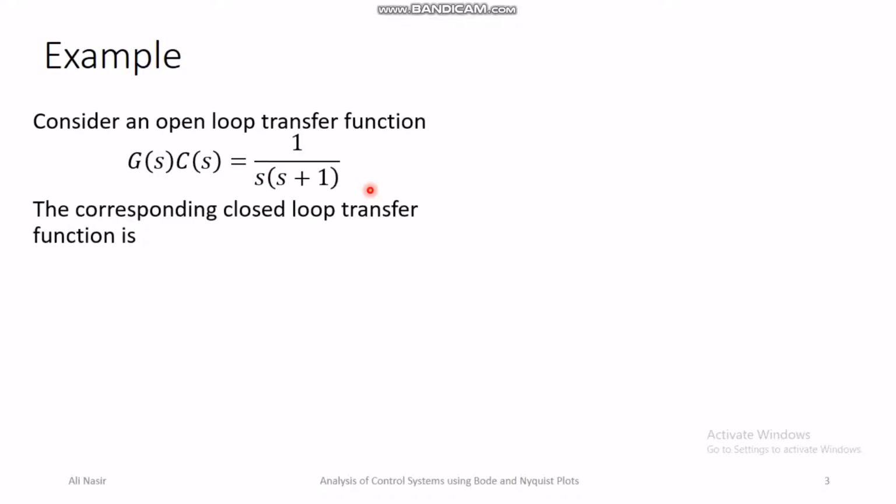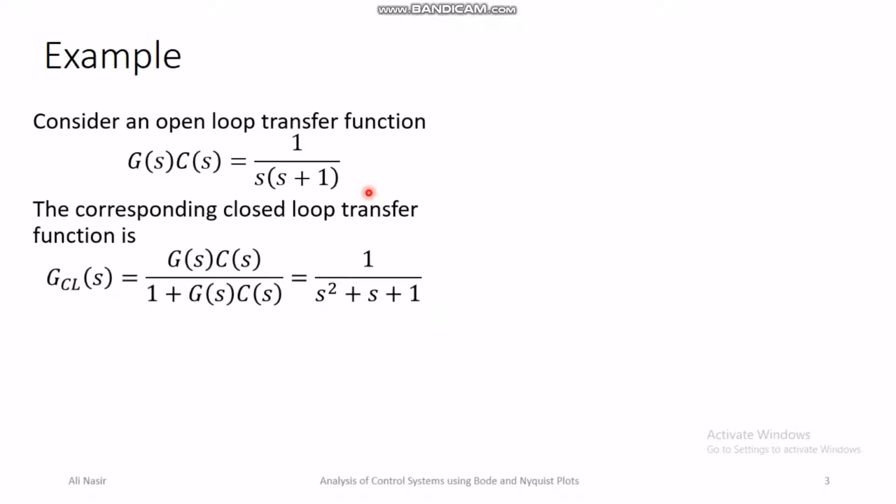The corresponding closed loop transfer function, if you use Mason's rule or block diagram algebra, we have done this many times now, so you should be able to recognize this closed loop transfer function formula, G C over 1 plus G C. Then you can see that the denominator is s square plus s plus 1, and if you remember the Routh-Hurwitz criteria for a second order system, then you can see all three coefficients are strictly positive, so this closed loop system is asymptotically stable.